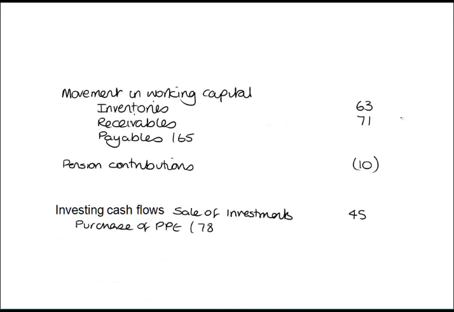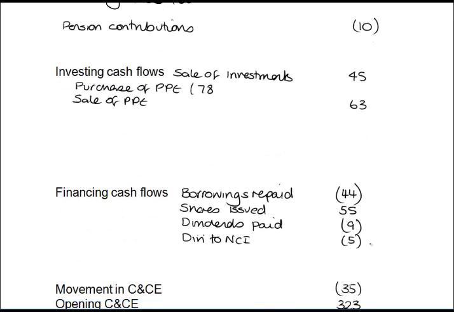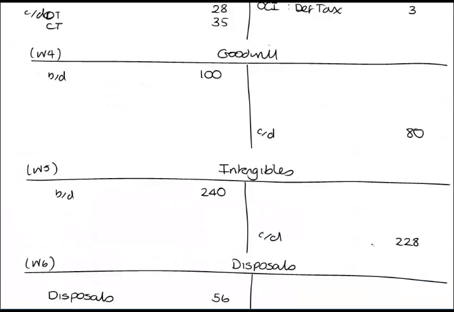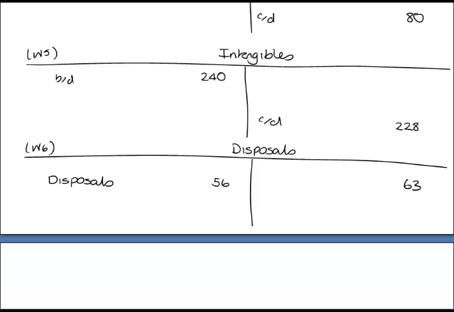So we go to our investing cash flows, sale of PPE is 63 million. That's in relation to our disposal, so I'm also going to put it into my disposal account. Debit cash, credit disposal account, 63.